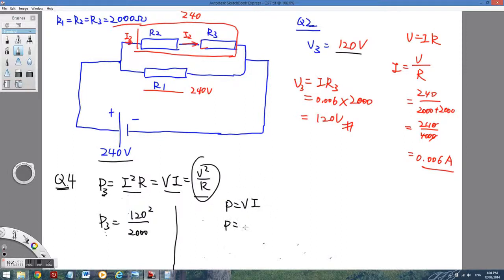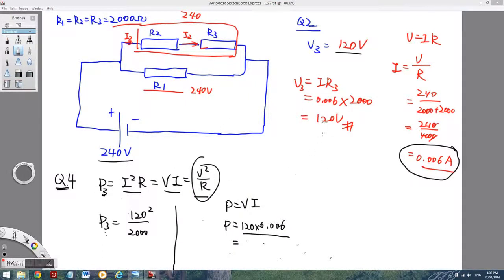We know the voltage will be 120, and the current we found in the previous question, question 2, will be 0.006. So you do that, and you should have the same answer. Type it in your calculator.